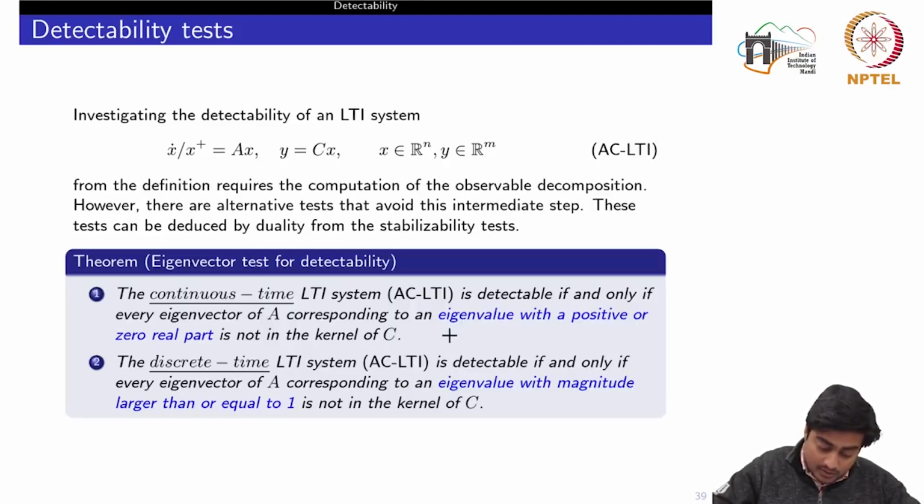Now this result is only with the eigenvalues which are either on the right hand side or on the imaginary axis, right? For the discrete time, it would be the eigenvalues with magnitude larger than or equal to 1 is not in the kernel of C. Okay, so this would change only.